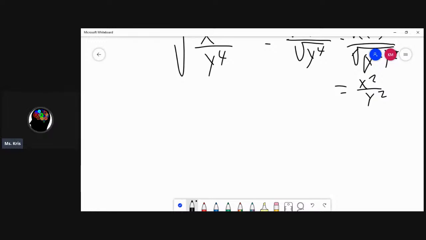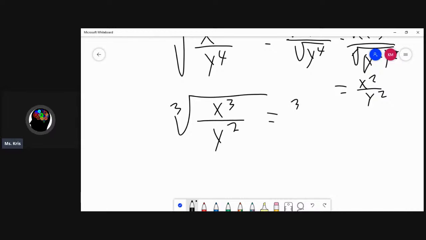So say, for instance, I got the cube root of x to the third over y to the second. So now we are dealing with the cube root.